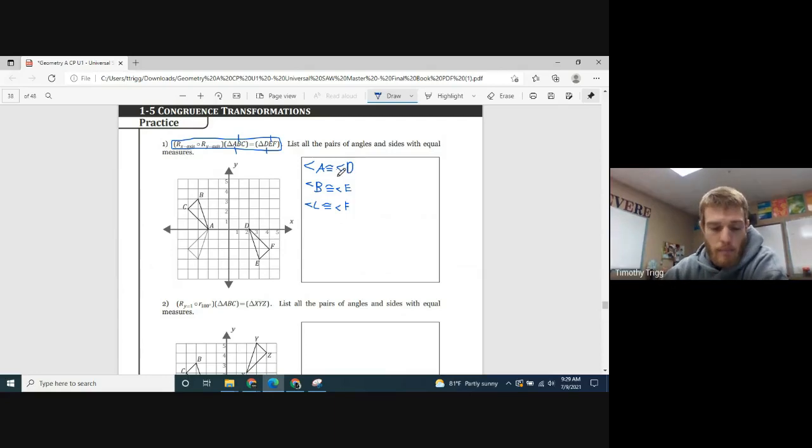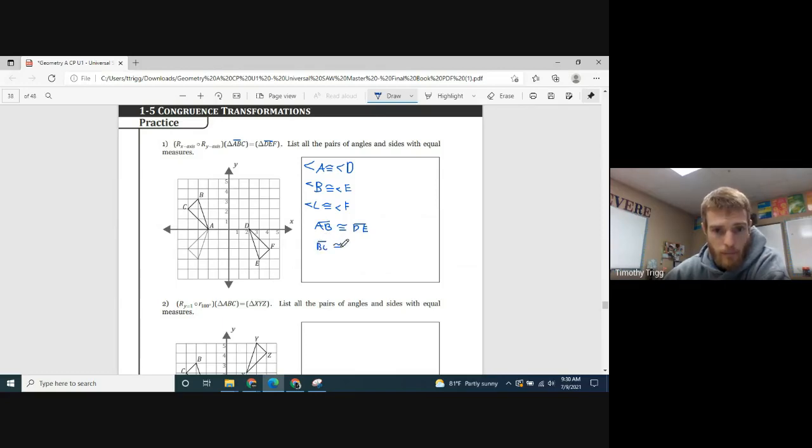You could also do the same thing with the side lengths, right? So AB are the first two letters, right? AB. So without even looking at the picture, I know that that'll correspond to DE. Similarly, BC will correspond to what?